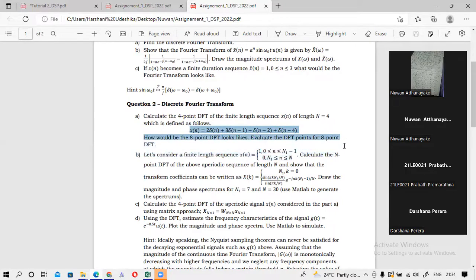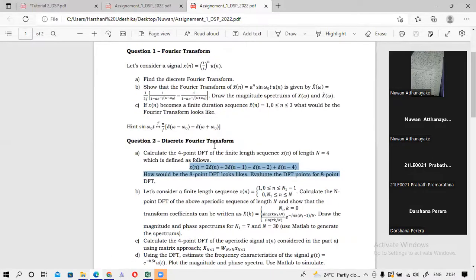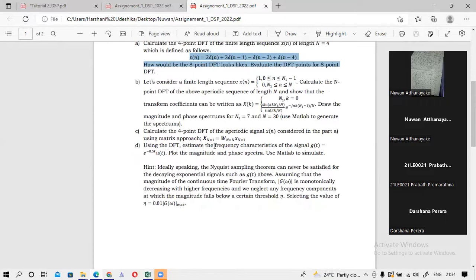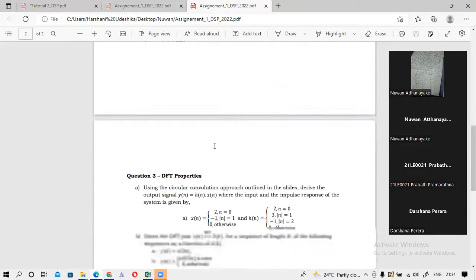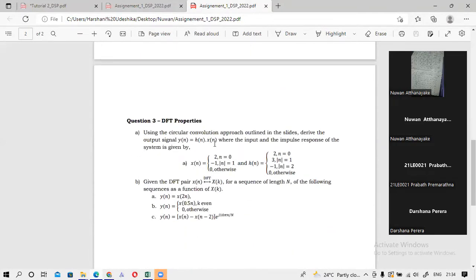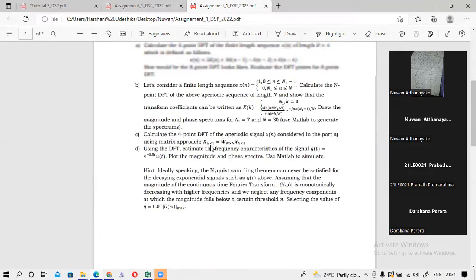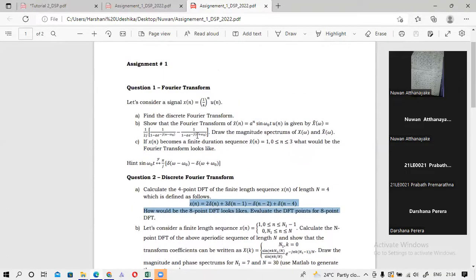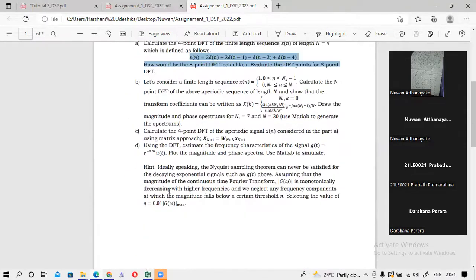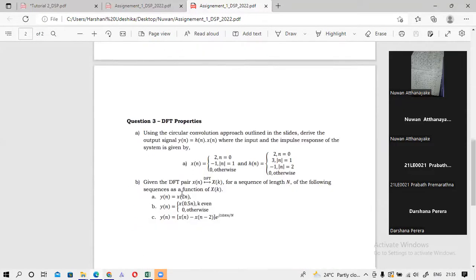Please try to go through this, and please practice on this. This kind of question will come to your exam. And also try to do this one also. Don't leave this one. Please do that one also.